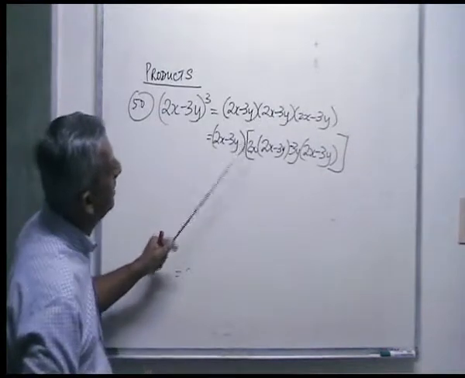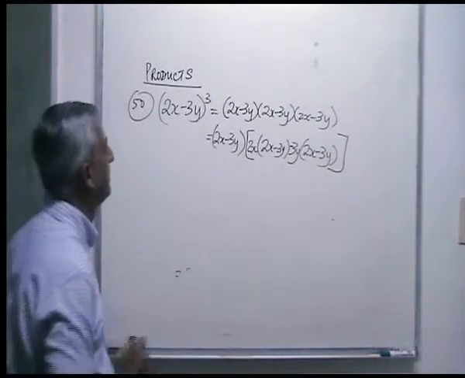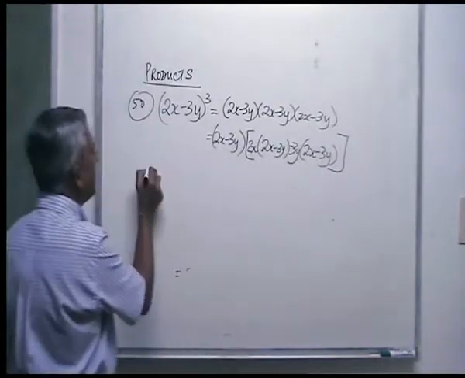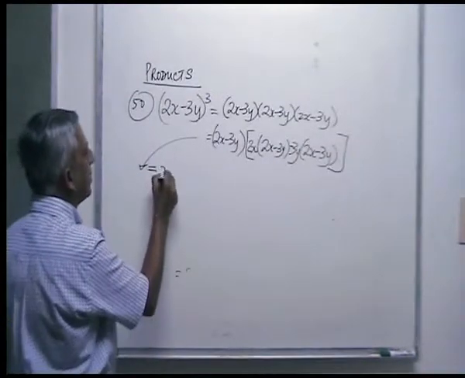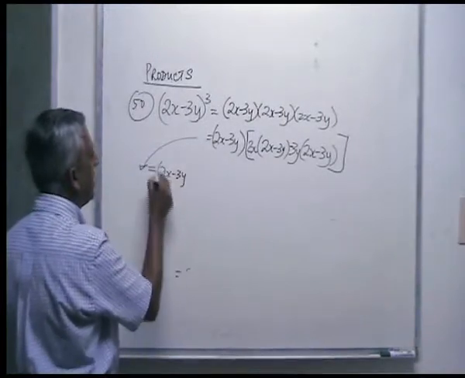That 2x is here, and that minus 3y is there. I'm just going to write it over here. From here, I'm coming down here so you get more space. So you got 2x minus 3y.